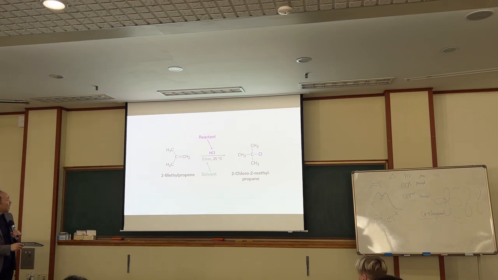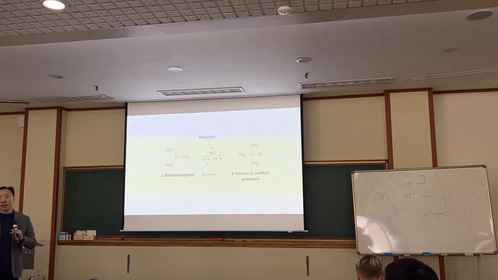Then, in this case, we have the reagent on top here. It's less important than the starting material. Starting material and product are organic molecules. This is not organic. So, reagent on top here, and then solvent and condition on the bottom. This is another way.